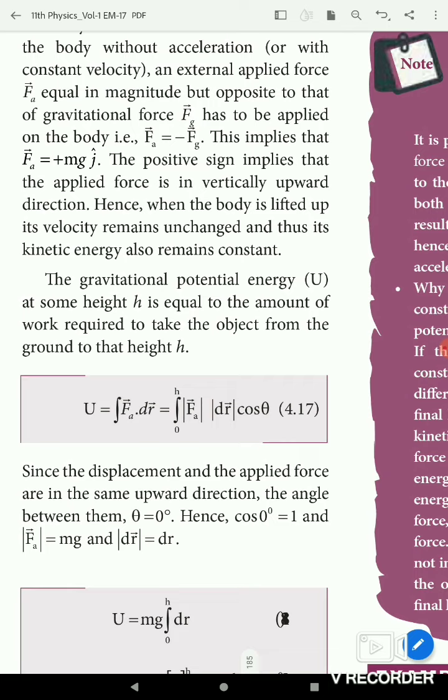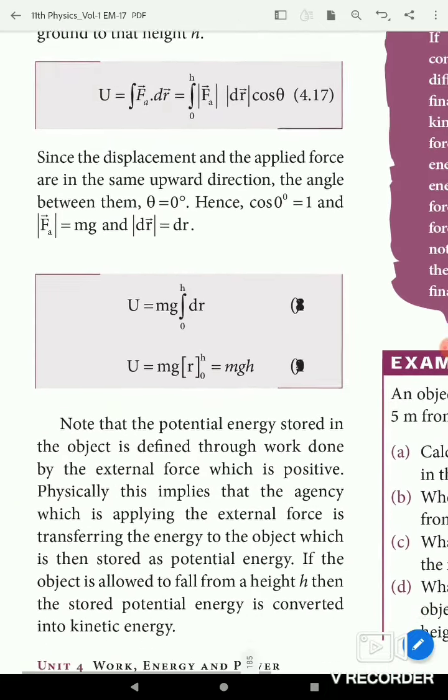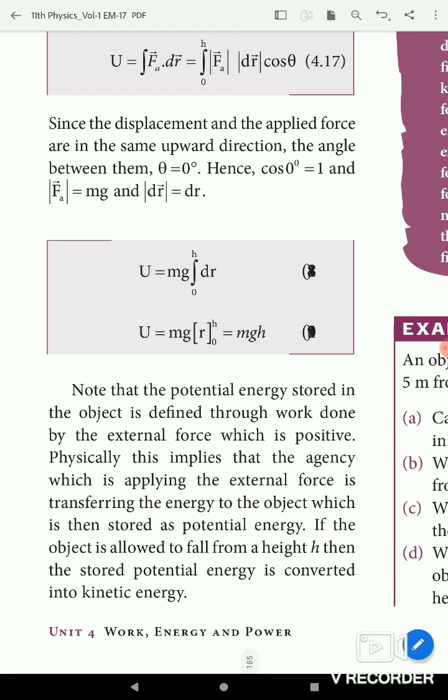On the ground, it is 0. At height h, theta. Since the displacement and the applied force are in the same upward direction, the angle theta between them becomes 0. So, cos 0 is 1.